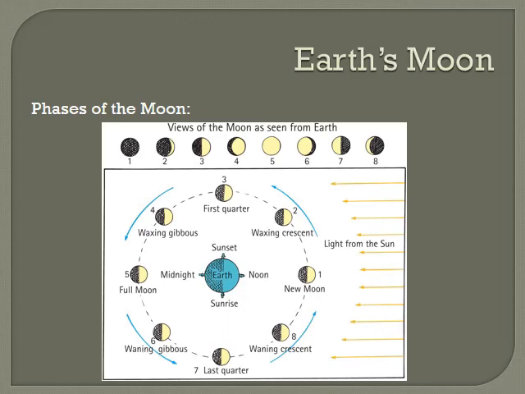So you should be able to identify the different moon phases just by looking at them. But then you should be able to go beyond that. In figure 3225, also on page 783, understand why the moon goes from one phase to the next, and also which moon phases are visible at what times of day.